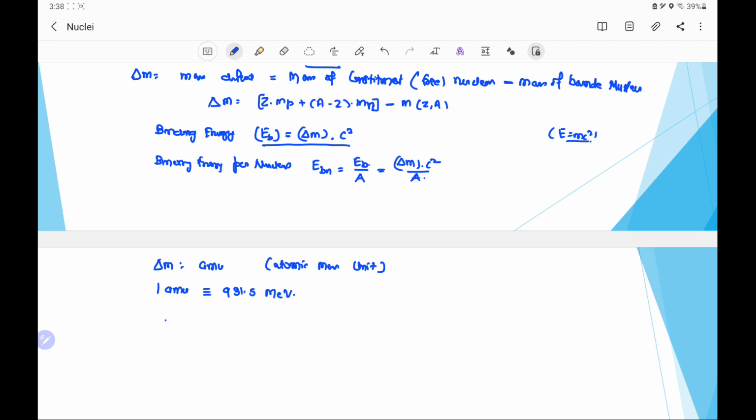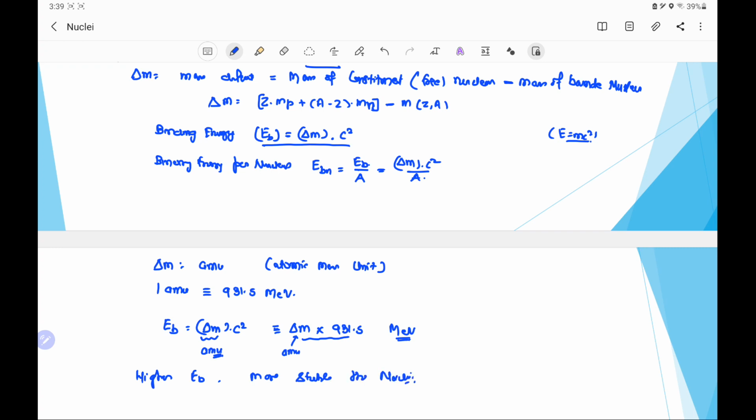So we can write that binding energy is equal to delta M into c square, and this delta M is in AMU unit, so it can be written as delta M multiplied by 931.5. So as delta M is in AMU, energy we will get in the millions electron volt. Here we have to note that higher the binding energy, more stable the nuclei.